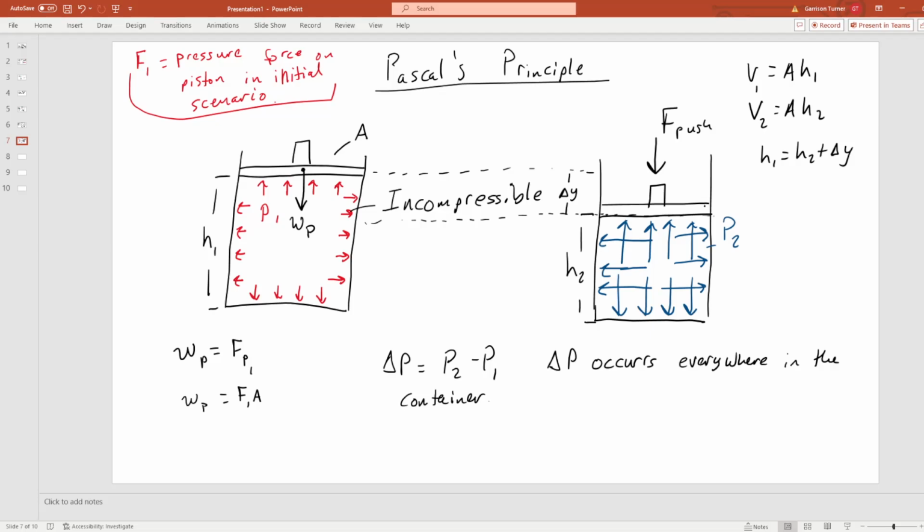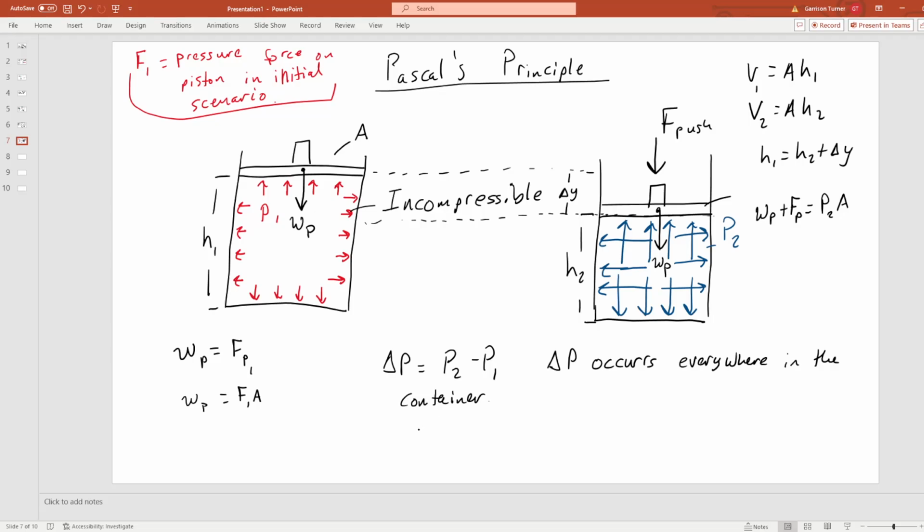And over here, you have the weight of the piston plus the pushing force. The weight plus the pushing force must equal the new pressure, P2 times our area.